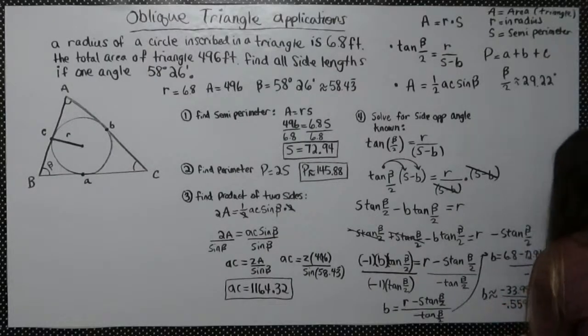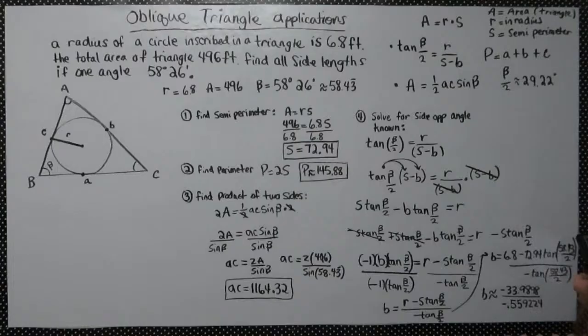I was like, wait a minute. That scared me. Okay, I'll back it up a bit. Negative 0.55922. Okay, that's closer. So I got 60.78. So that's approximately 60.8.